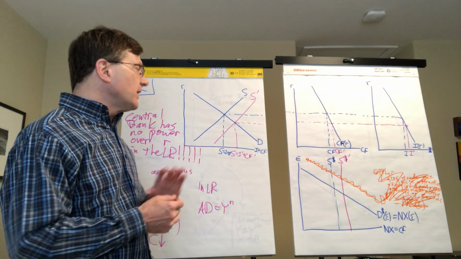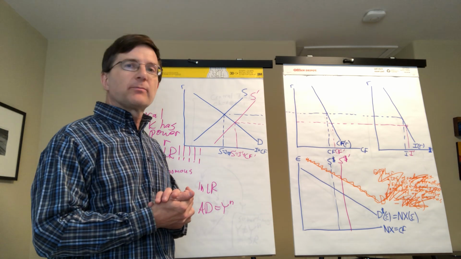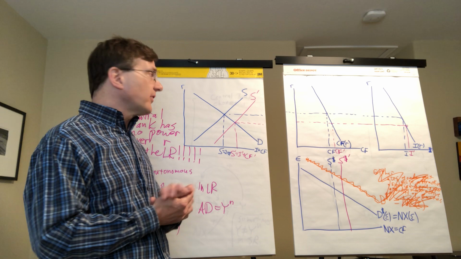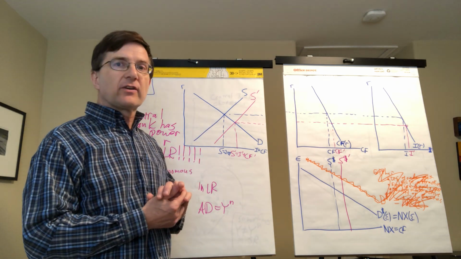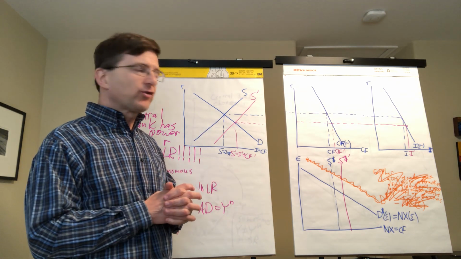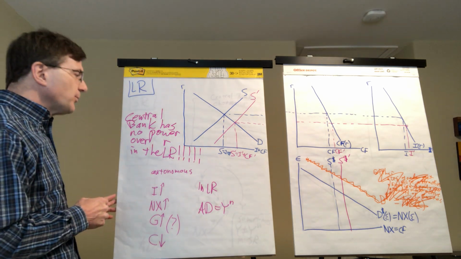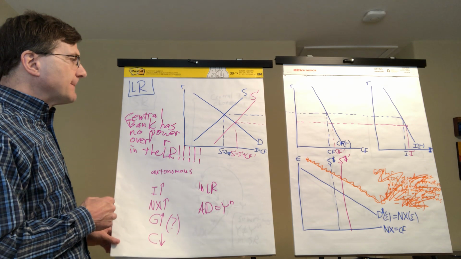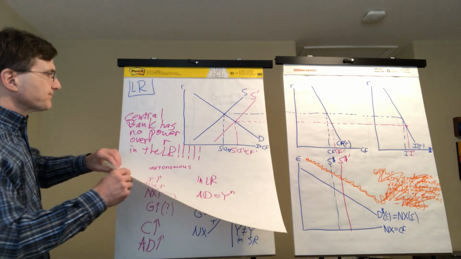Okay, so to me, retirement savings account policy is the most interesting thing, the most practical, the easiest thing to shift this savings curve. There are other things that people have tried that aren't super effective. This is one that has some real promise.